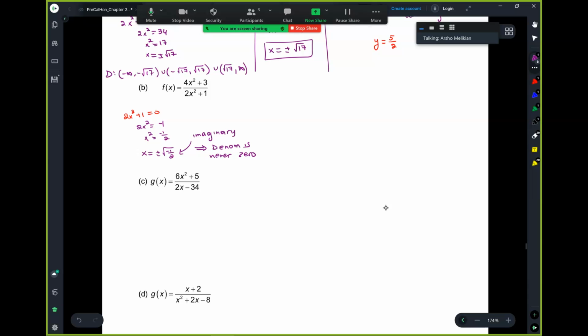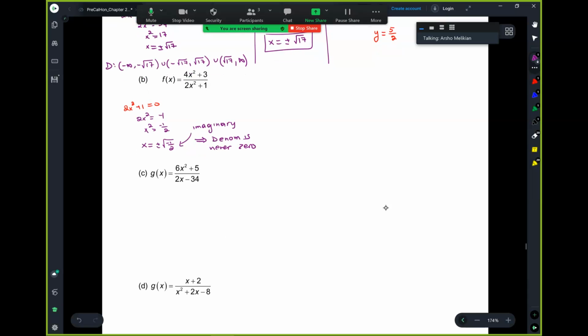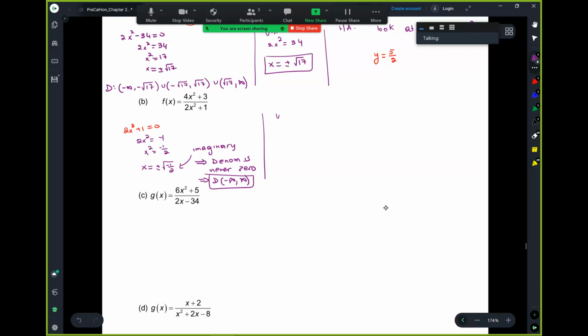Well, if the denominator is never 0, then we don't have any issues with the domain, do we? That means the domain is all real numbers. Okay? All right. Next, vertical asymptote. If the domain is all real numbers, are there any vertical asymptotes? Nope.